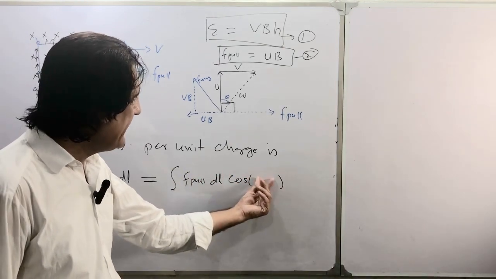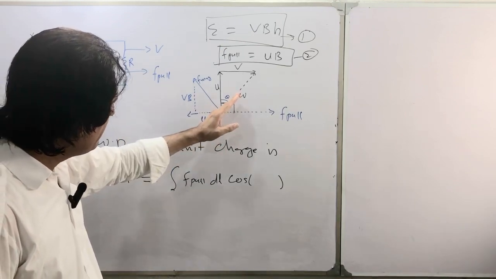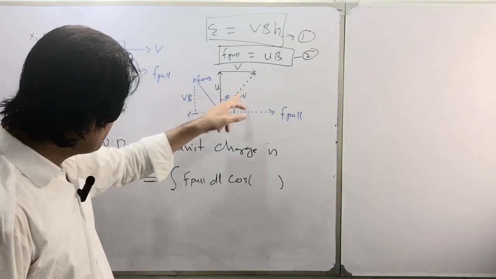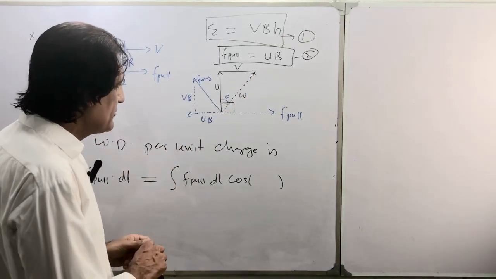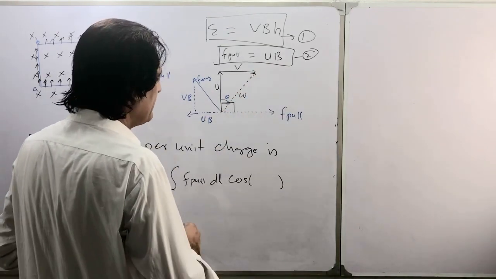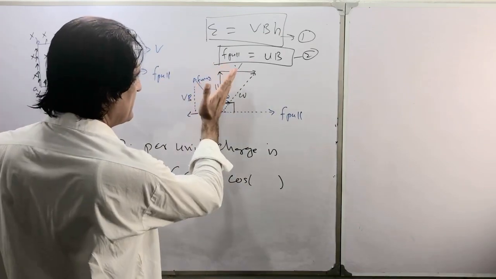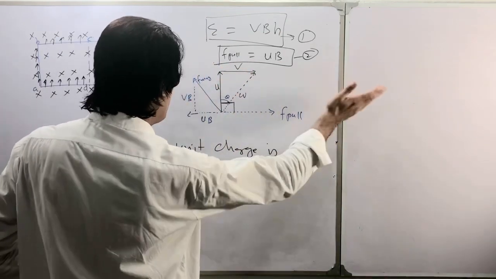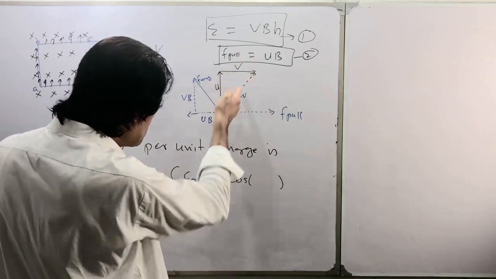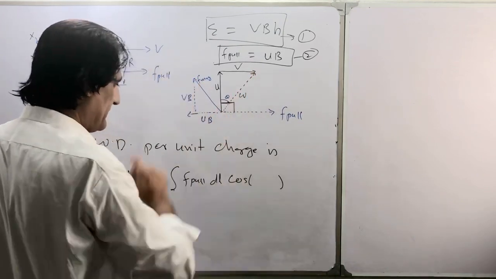So what is the angle between these? Actually we will consider this length W. We should consider this as the actual length AB of the rod when it is moving in this direction. So this will be the actual distance, so DL is actually this one.